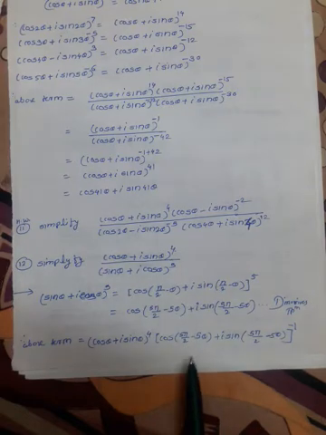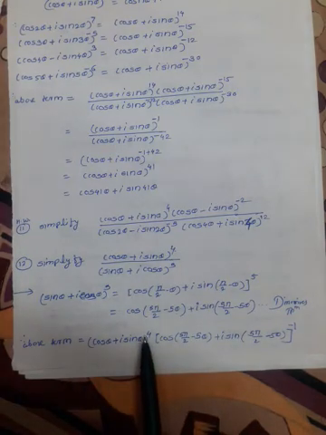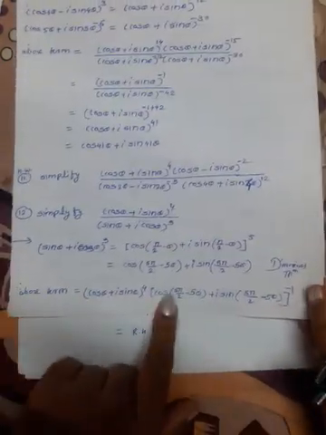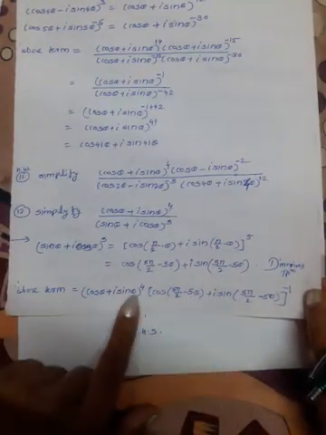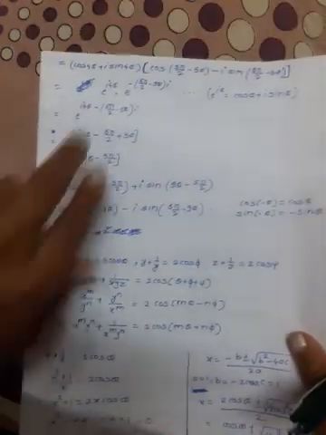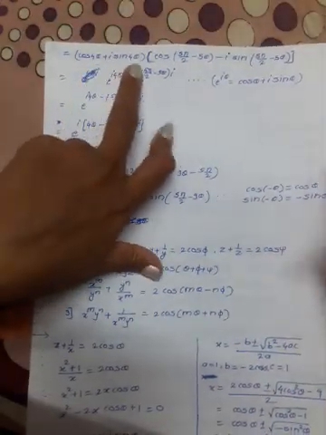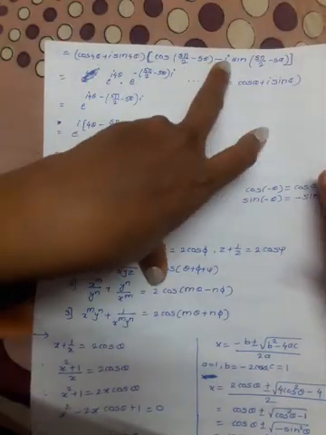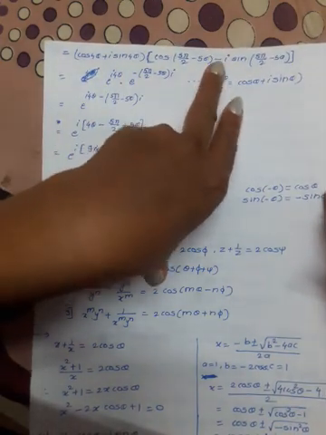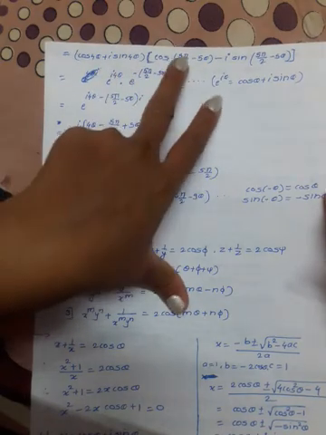Okay, now what we have to do, see, apply De Moivre's theorem again. Here we have already applied it, here also you have to apply De Moivre's theorem. Take this 4 inside the angle. We get cos 4 theta plus i sin 4 theta, and cos of this theta minus i sin of this theta. Now it is not plus here. If it is plus here, we have to add the angle.